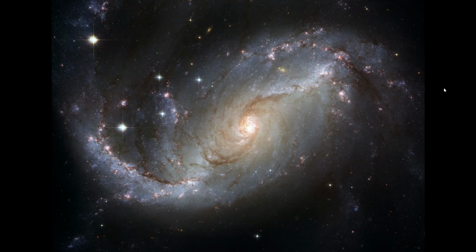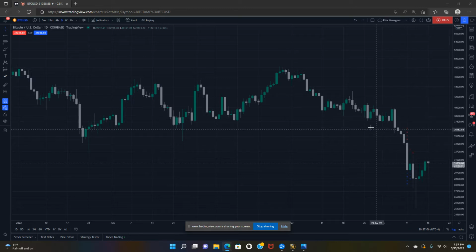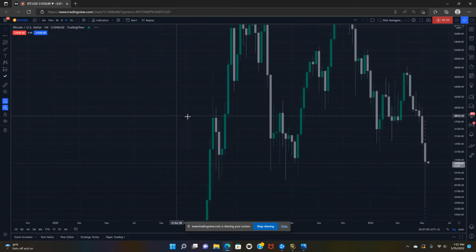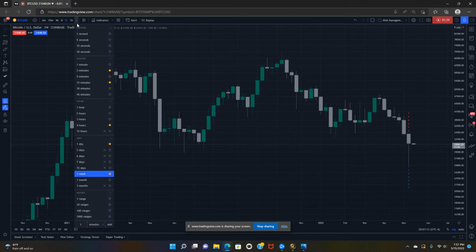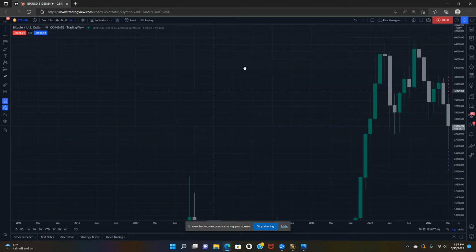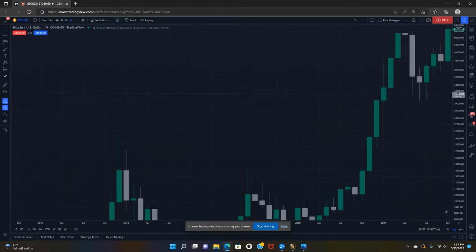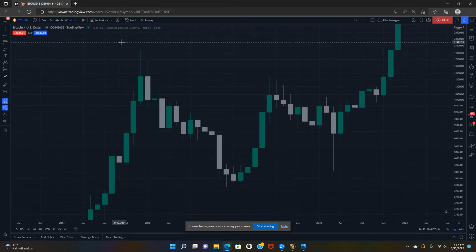Now, the way I use the Fibonacci sequence in trading is primarily through the 618 retracement. And just going through the charts, I want to show how, especially on the macro or even down to the micro time frame, price really respects the 618 retracement.